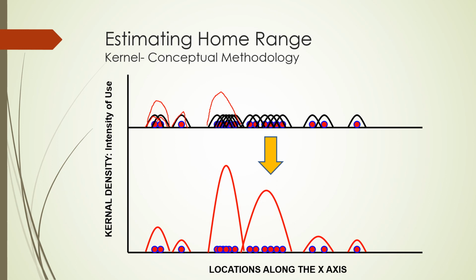When you start increasing the width of the H value, what this will tend to do is combine utilization distributions from adjacent points. So instead of having lots of small or narrow peaks, you're going to have more broad peaks. And we'll see that in the next slide.